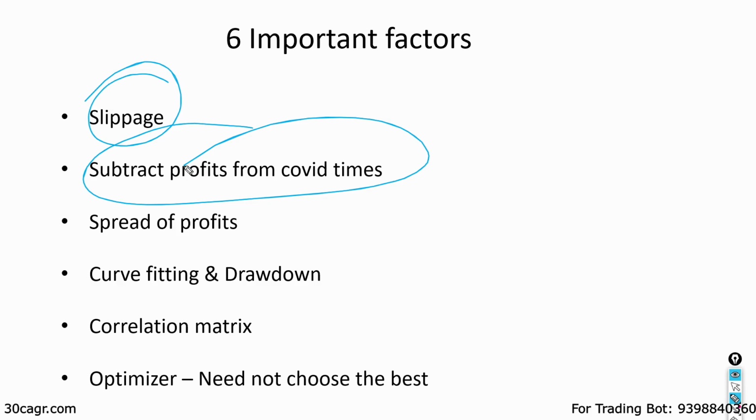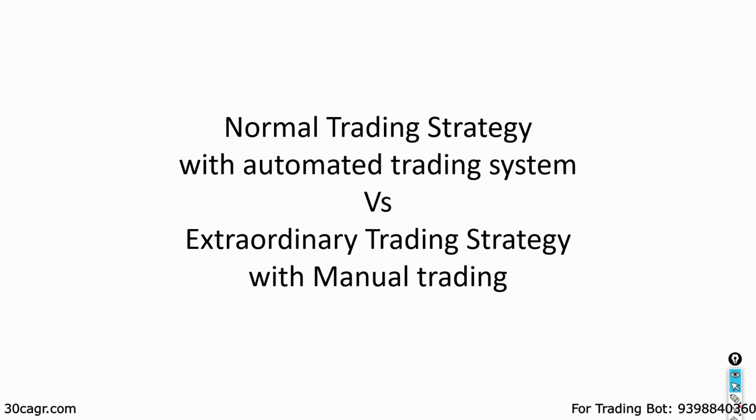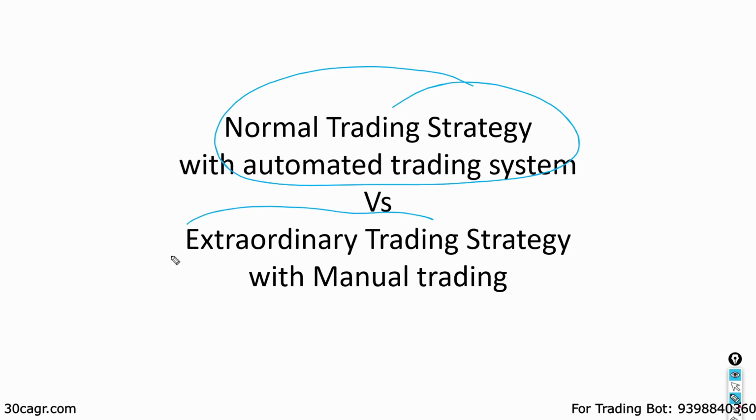And then the next thing I promised to reveal is two factors that you need to pay attention to in order to achieve these decent returns of 40, 50%. First is execution. Execution actually makes or breaks these kinds of strategies. Let me put it very straight. A normal trading strategy with an automated trading system can outperform an extraordinary trading strategy with manual trading.